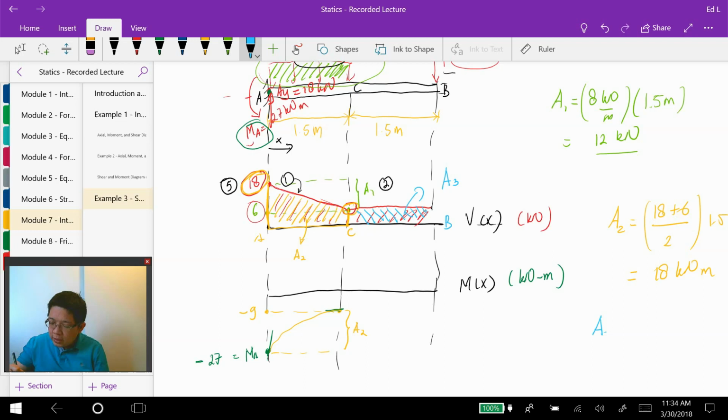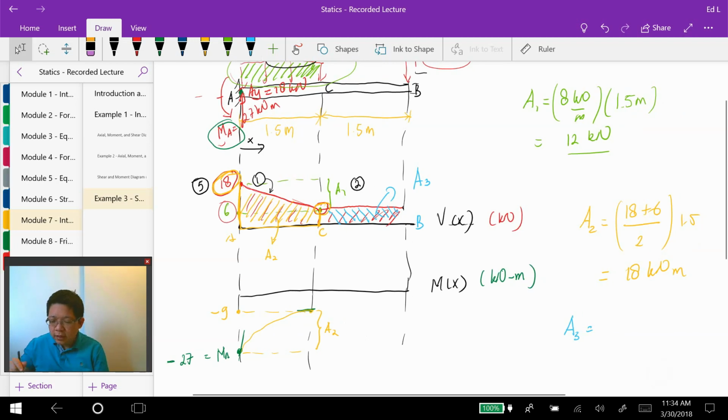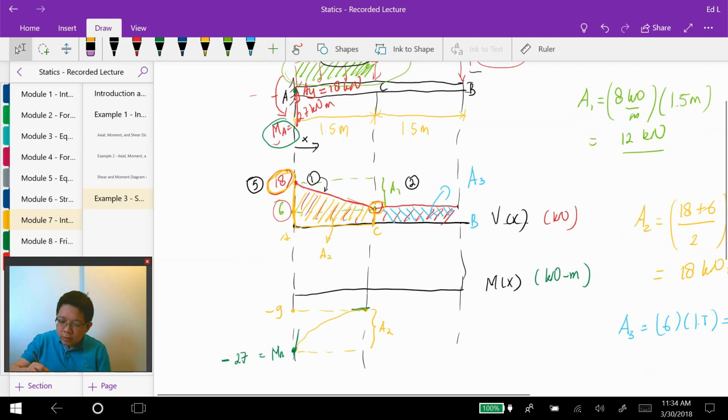Area 3 is just a rectangle, which is 6 times 1.5, equal to 9. So applying rule number 4, the change in here is going to be A3, which is 9, which brings the diagram to 0 at B.